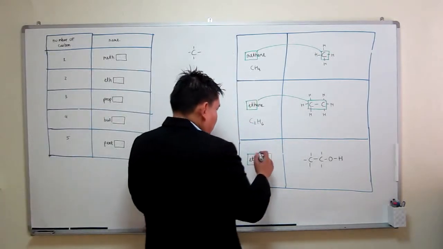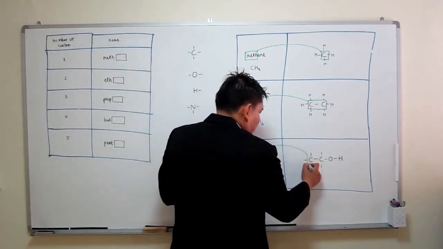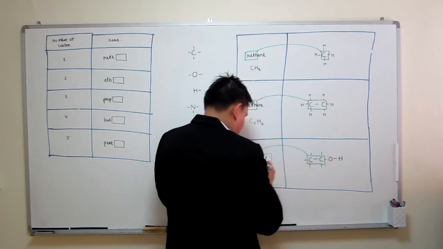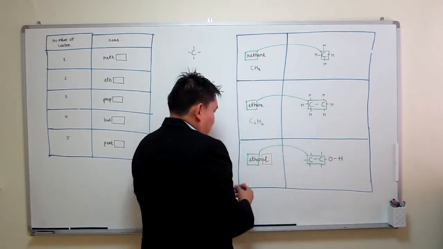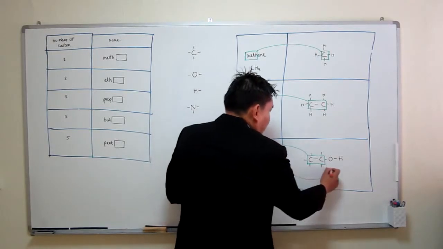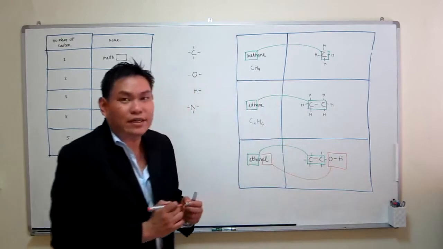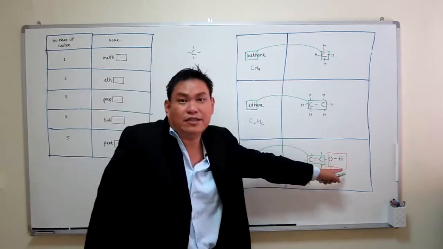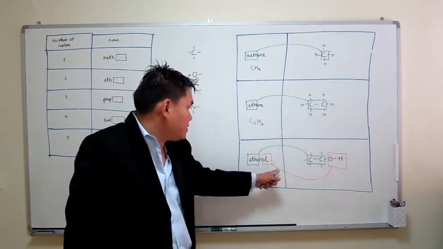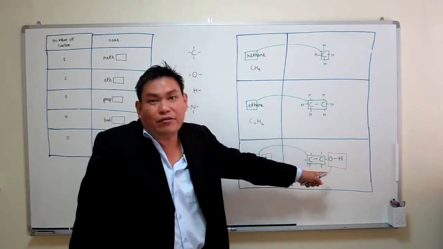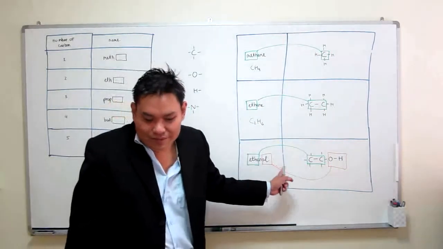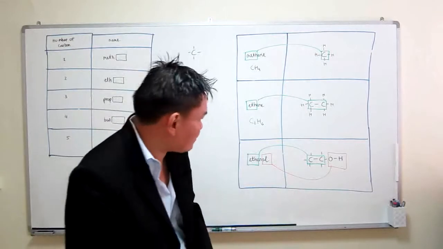So the word eth means it contains 2 carbon. The suffix ol means it contains the OH functional group. We call it a functional group. In this case, this is a type of alcohol, so ethanol is a type of alcohol.